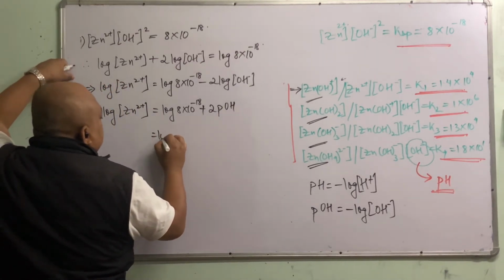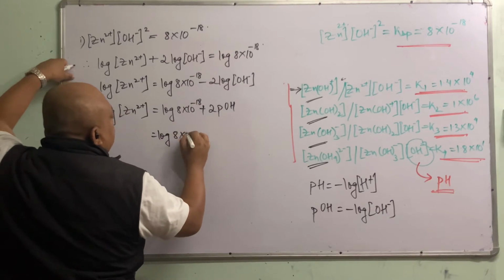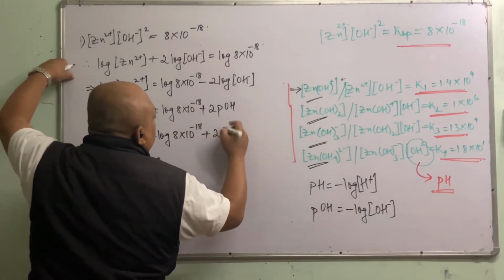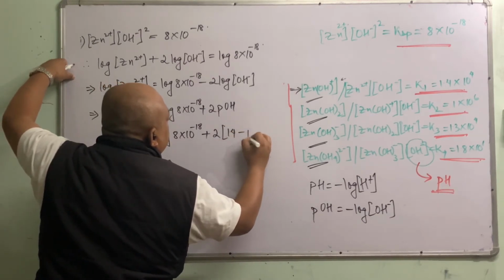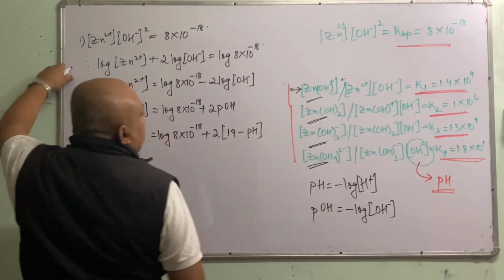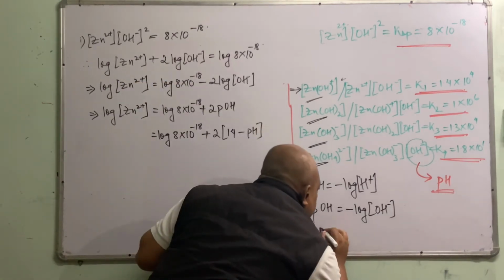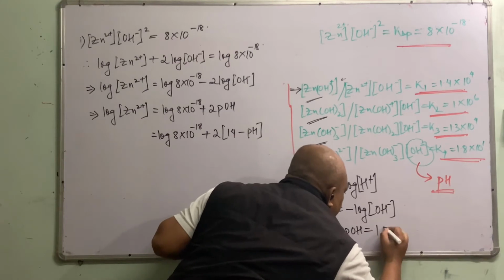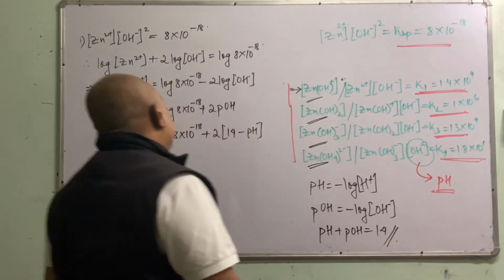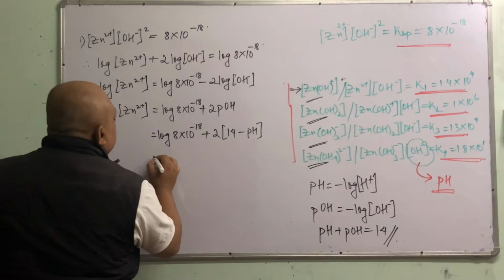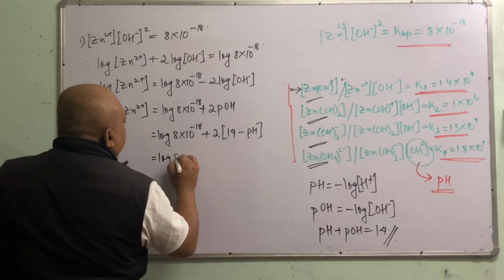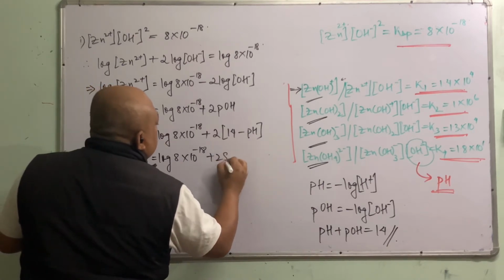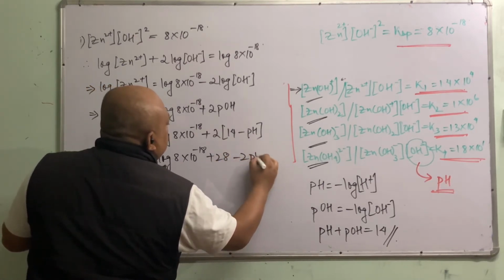So it's equal to log of 8 into 10 to the minus 18 plus 2 pOH. pOH is nothing but 14 minus pH. Correct? As simple as that, I can say pH plus pOH is equal to 14. Okay. So this is log of 8 into 10 to the minus 18 plus 28 minus 2pH.